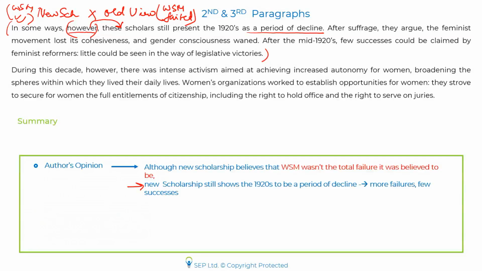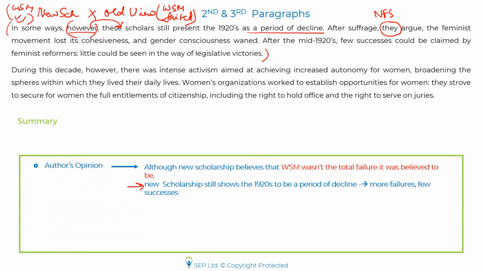Why? Let's read on. After suffrage, they argue. So who will this they refer to? This they would refer to these scholars, the new feminist scholars. So the author is going to tell us why the new feminist scholars still believe that the 1920s was a period of decline. They argue that the feminist movement lost its cohesiveness.